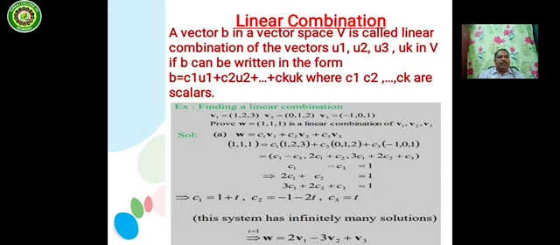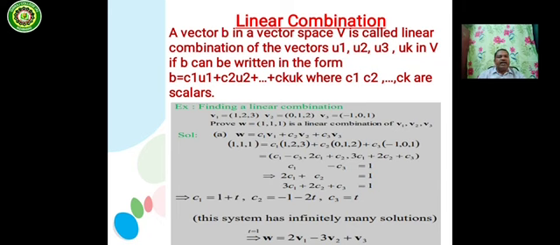Now one example. Three vectors are given: v1, v2, v3. Now another vector w is given, and we verify whether w is a linear combination of the vectors v1, v2, v3 or not. First we write w as c1 v1 plus c2 v2 plus c3 v3.